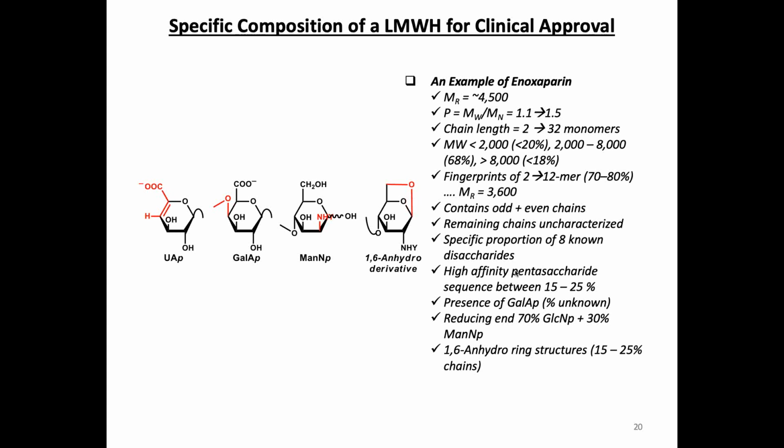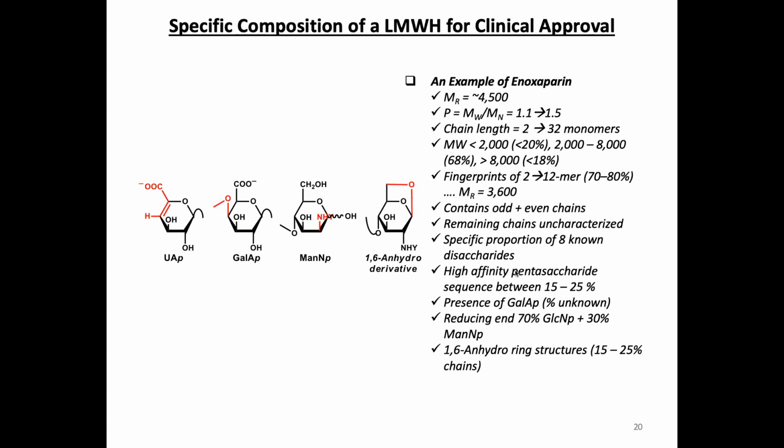Okay? Not only that, although we keep saying that these are disaccharides, some of the chains are actually not disaccharide. They might be trisaccharide. They might be pentasaccharide. Okay. And then they have a statement saying that you may have chains that are uncharacterized, that we don't know the structure at all.